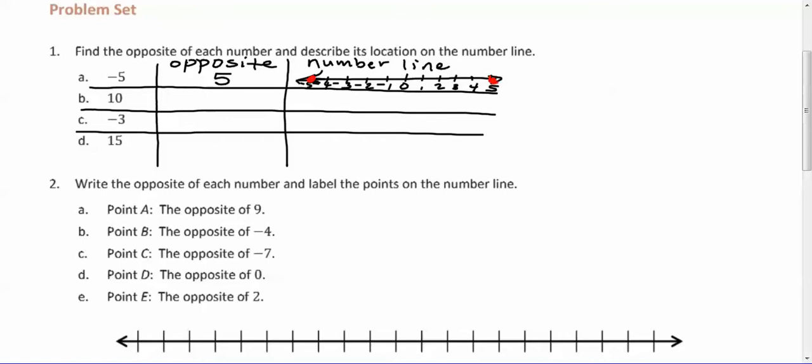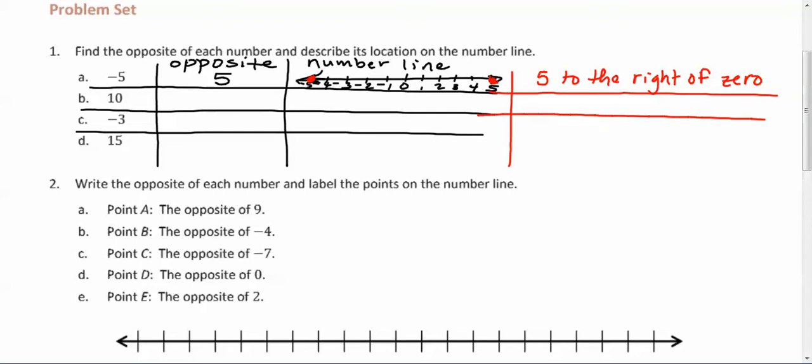So the location of the opposite would be five to the right of 0. So maybe you want to actually add another section where it's saying what the location of the opposite is. So number line, and then we'll call this location of opposite.